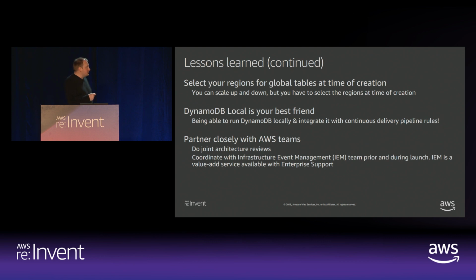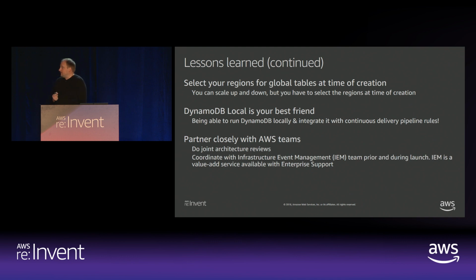It basically allows you to run DynamoDB locally on your laptop, on your CI/CD pipeline. It has the same API as DynamoDB, and you can use it to integrate your functional tests, put it in the CI/CD, and it also allows you to run your full service on your development laptop in a debugger, and that's very powerful.